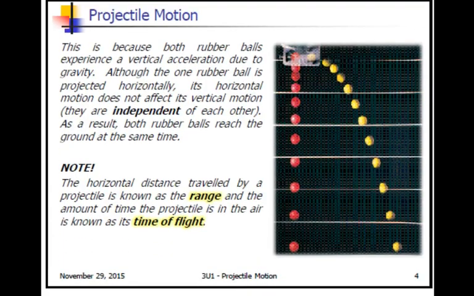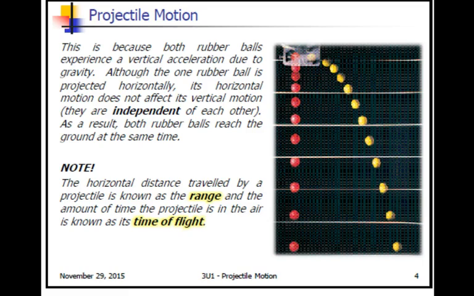Some things that we use to define projectile motion are range and time of flight. Time of flight is the time it takes for the projectile to hit the ground, or rather the time it's been in the air until it hits the ground. Range is horizontal range more accurately.